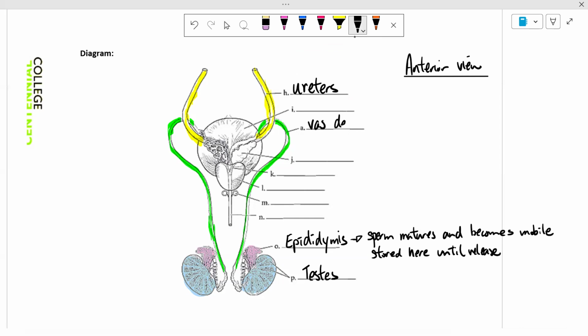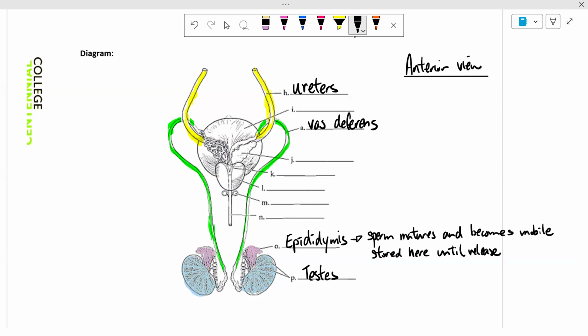Vas deferens carries the sperm to the next part of the reproductive tract. People can have a vasectomy, basically cutting them off, and that will cause the semen to not have any sperm, and that's an option for men who do not want to have kids. So that's the vas deferens.